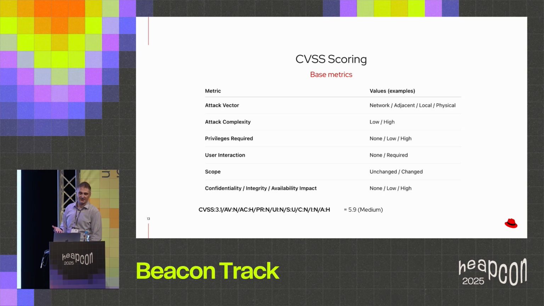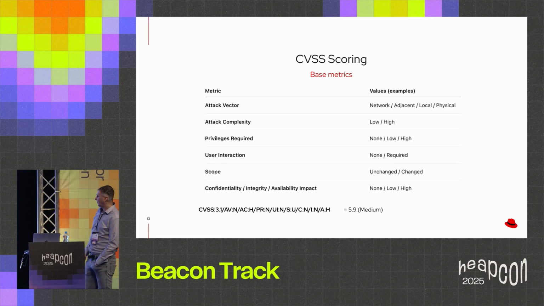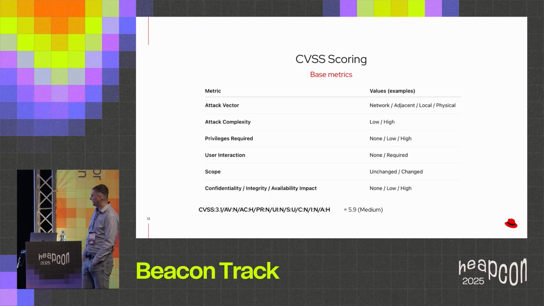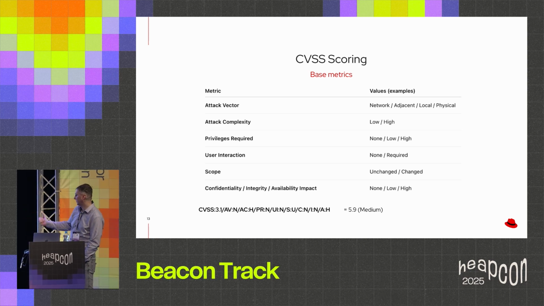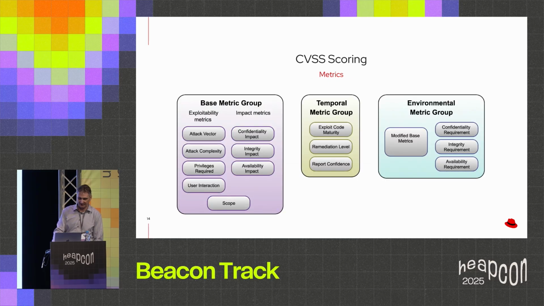And basically what's done is that every one of these things has some kind of coefficient attached to it, and there's basic math that puts this together into a score. It's a little bit below, but usually when you see CVSS scoring, you see that unreadable string that basically tries to sum up all of this in a parsable string, and using the calculator it produces the score of 5.9, which basically means this is a medium severity CVE.